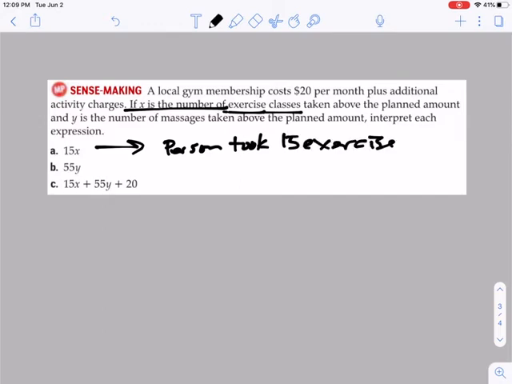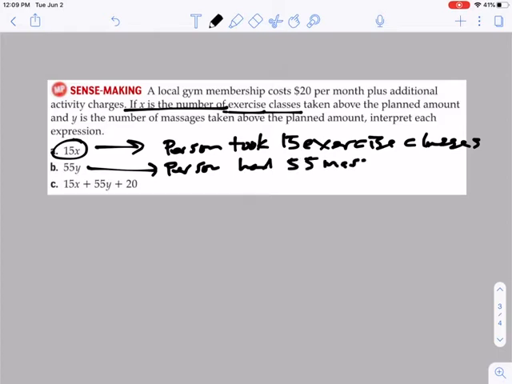This is the part of what they owe due to the exercise classes. And then this next one, 55y, means the person had, don't laugh, 55 massages. I don't know what they're doing, but that's a lot of massages and a little ridiculous.